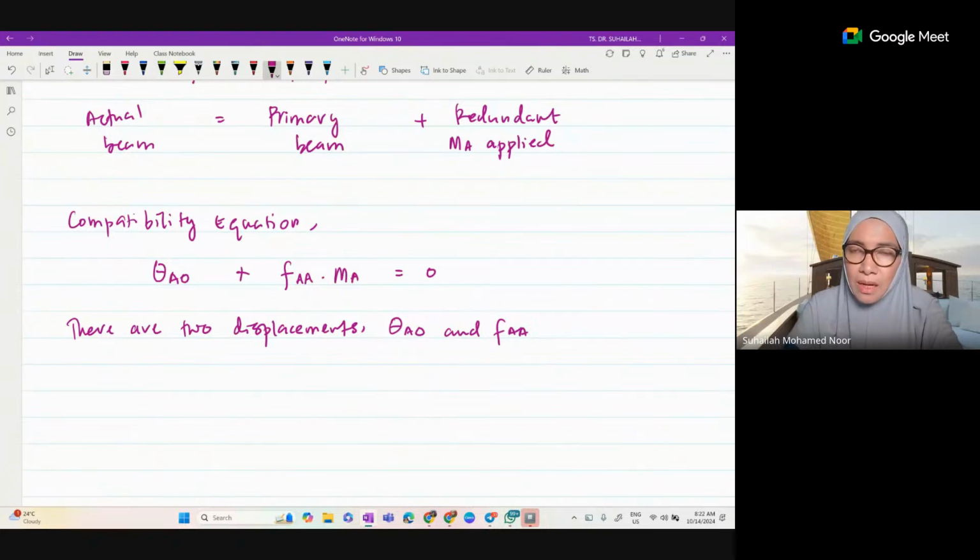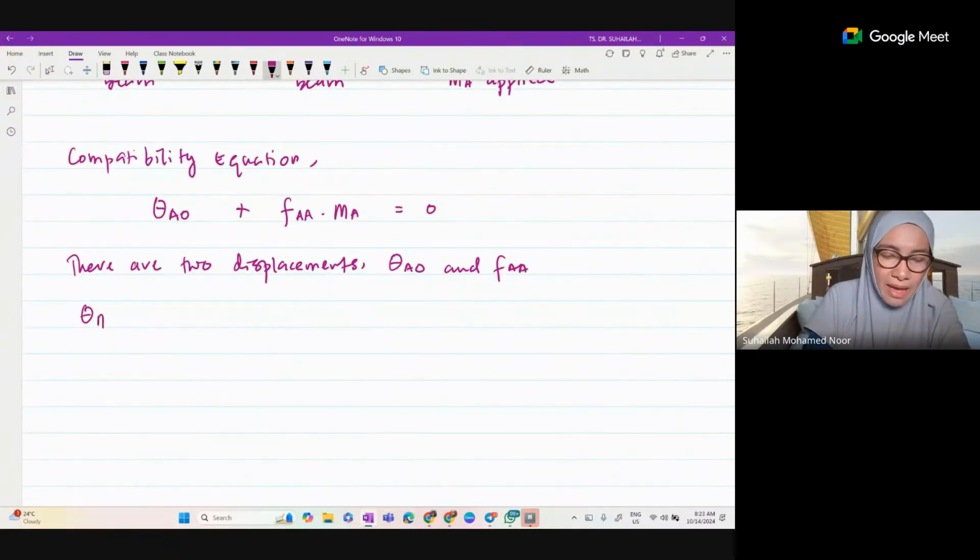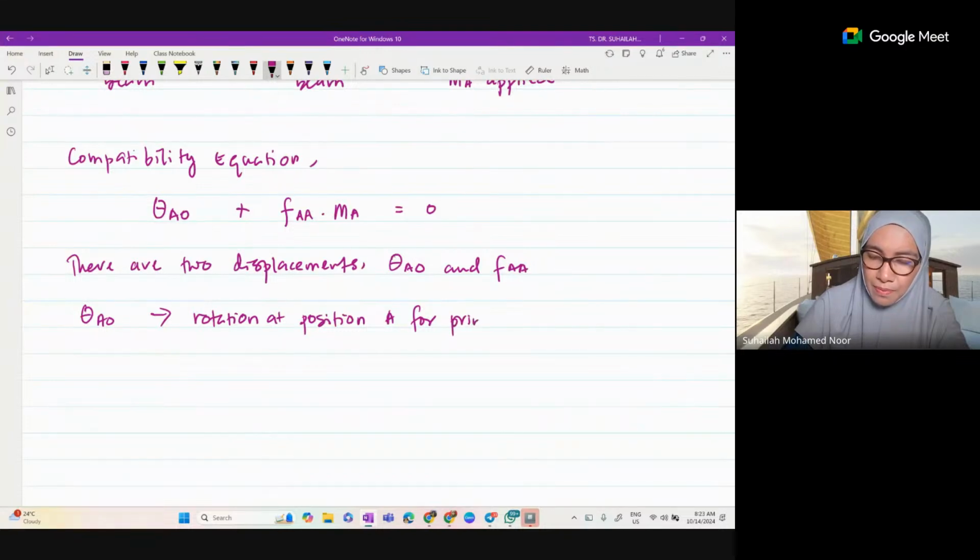Theta A naught is the rotation at position A for the primary beam, and the other one is the deflection or rotation at A in the redundant beam. What is the meaning of theta A naught? This is the rotation at position A for the primary beam.